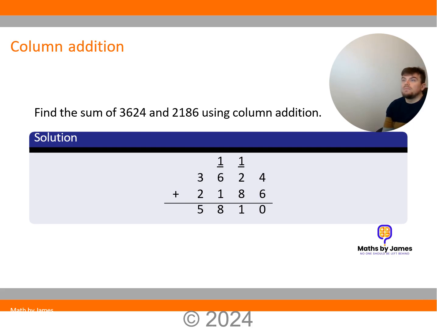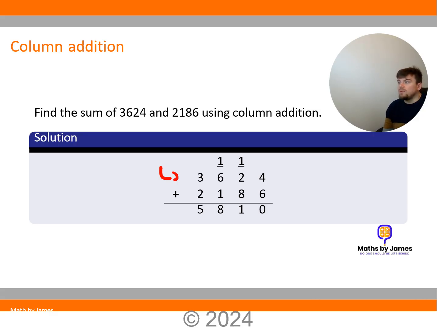So finding the sum of 3,624 and 2,186. What we do here, again, really the most important step is the way we line up figures. We've got to make sure we line up our figures, which is another way of saying numbers.